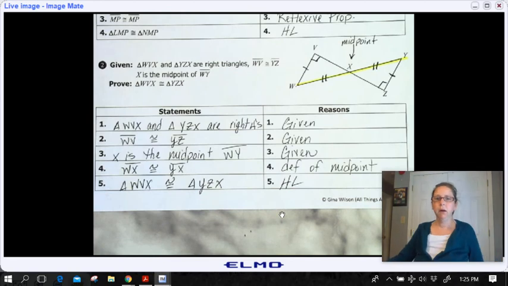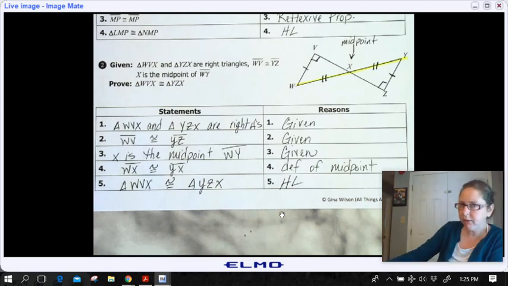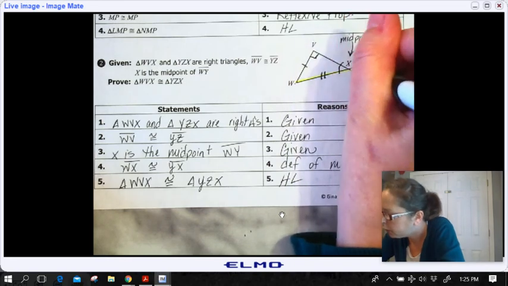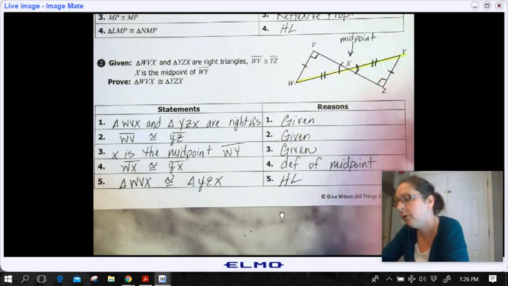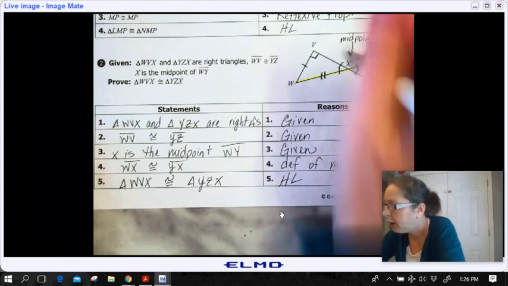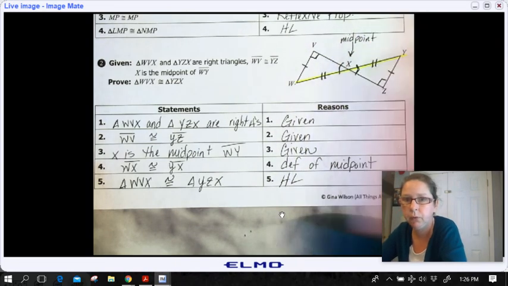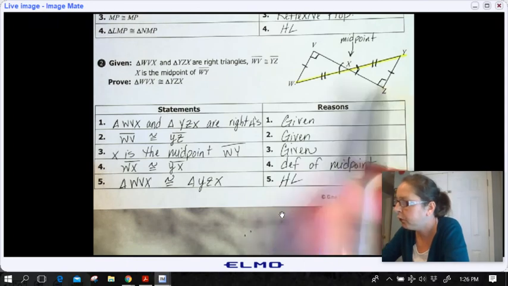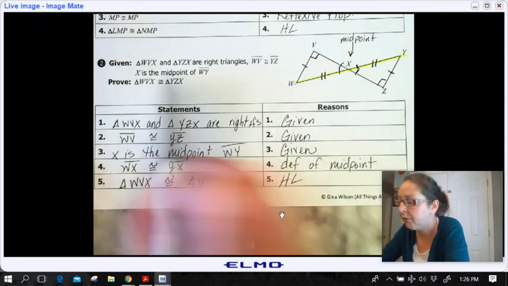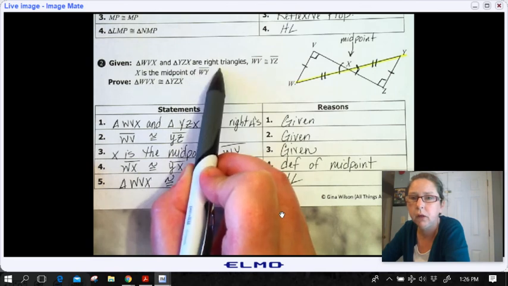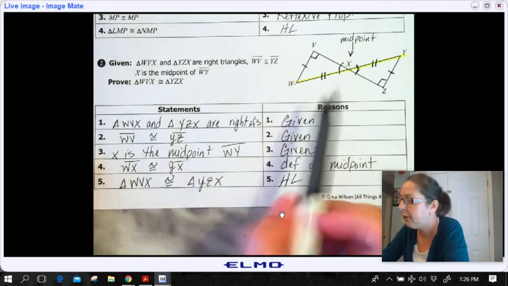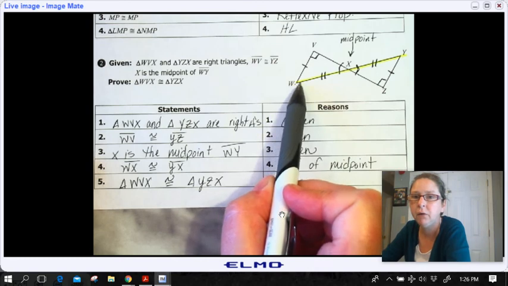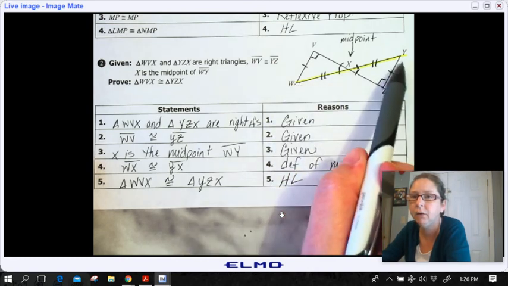All right. Some of you might have looked at this and you really wanted to say that these two angles are congruent by vertical angle theorem, and you would have been correct. And then these two angles are congruent by the definition of right triangles, and so you could have said by the triangle sum theorem that this angle is congruent to that angle.